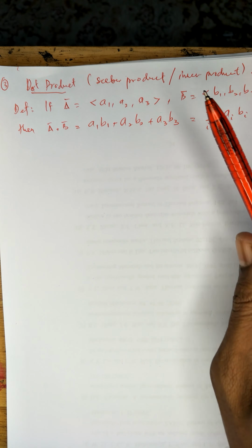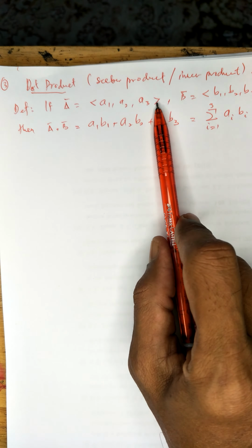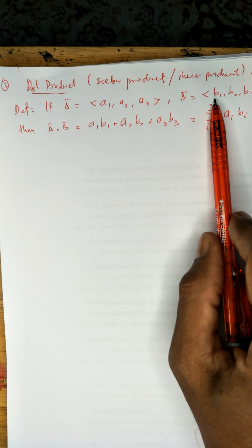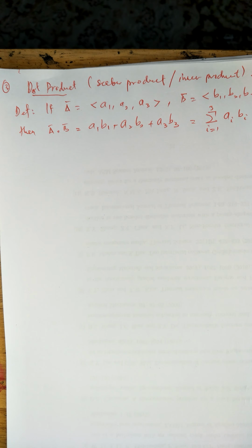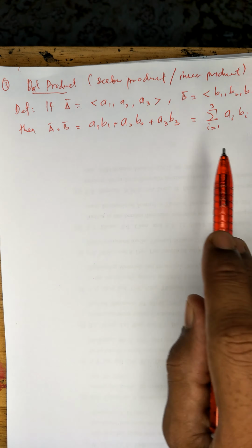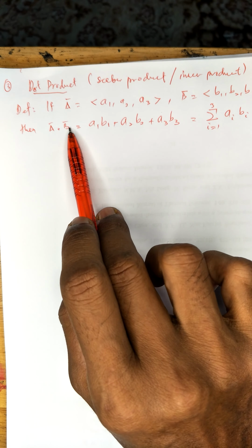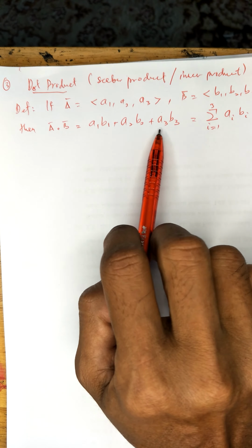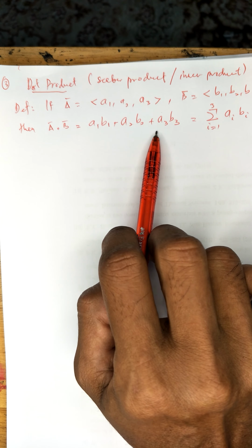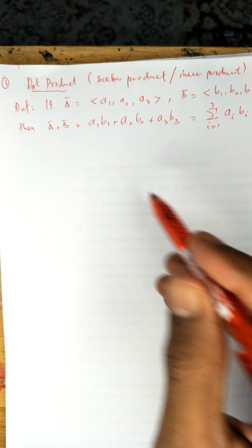If you consider n dimensions, of course you can expand it up to n elements. So basically A and B are two vectors, and the dot product yields a scalar.